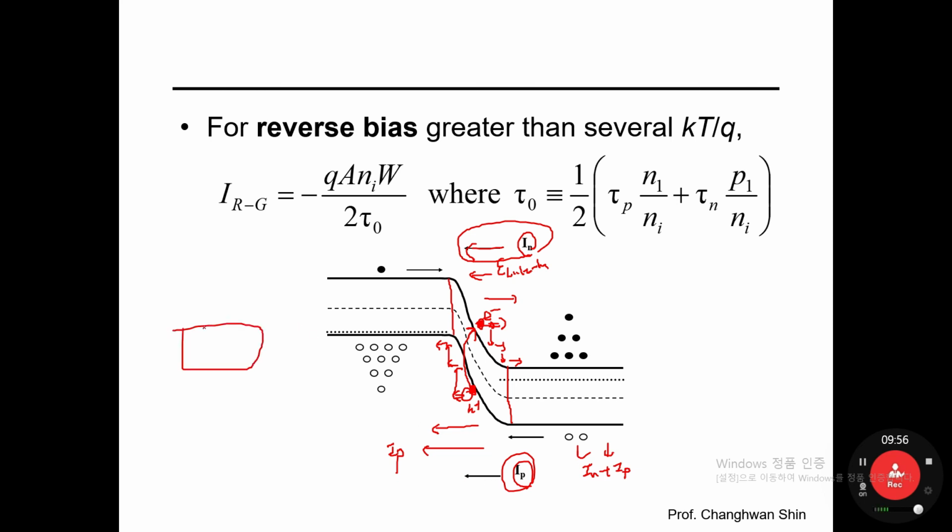Again, in PN diode, the positive current is defined as the current from P to N. But now, because of this electron hole pair generated in the depletion layer, the I sub N plus I sub P becomes a negative current value. I mean, both I sub N and I sub P are flowing from N to P.